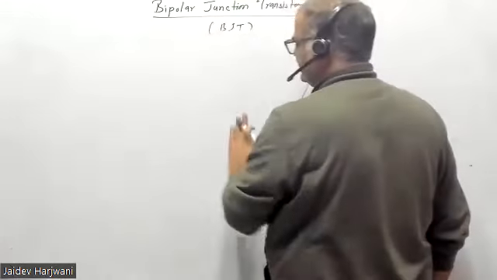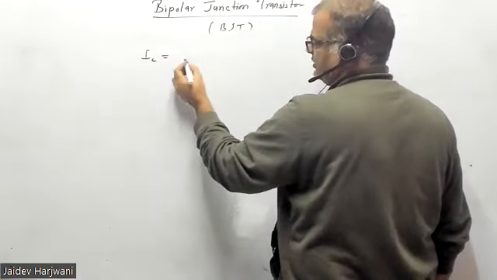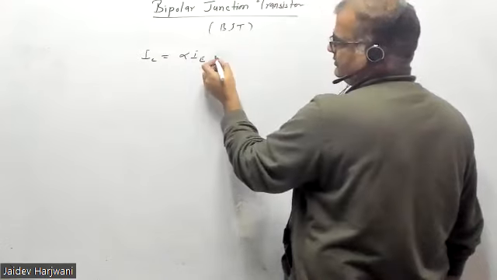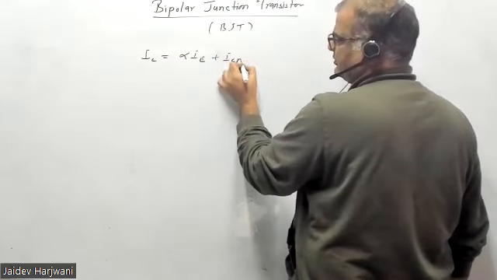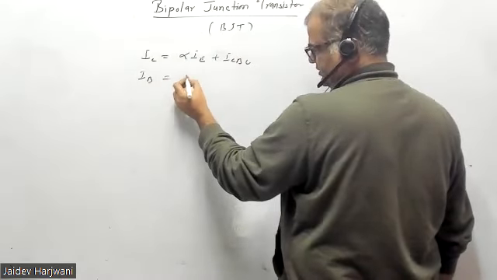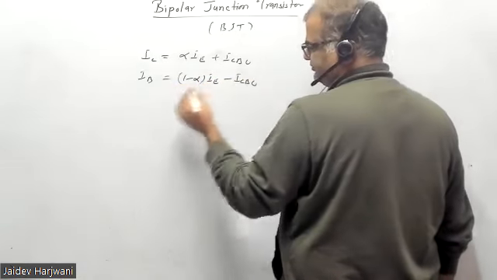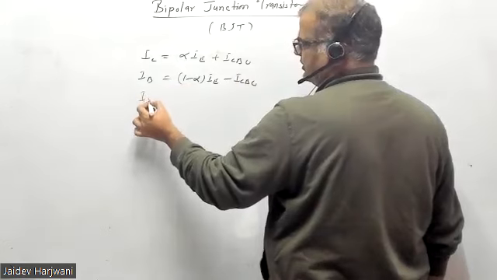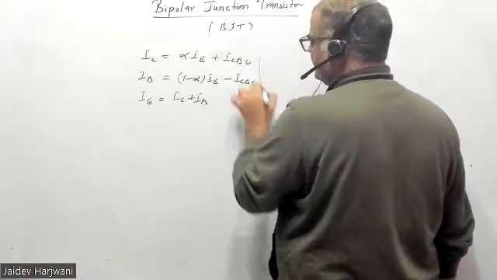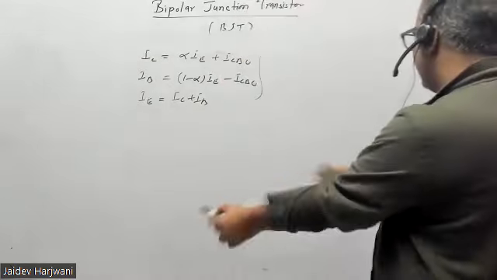Just now we have written the current equations. IC equals alpha IE plus ICBO. IB equals (1 minus alpha) IE minus ICBO, and of course IE equals IC plus IB. These were the three equations. Now these equations will slightly change. What is the common emitter configuration?